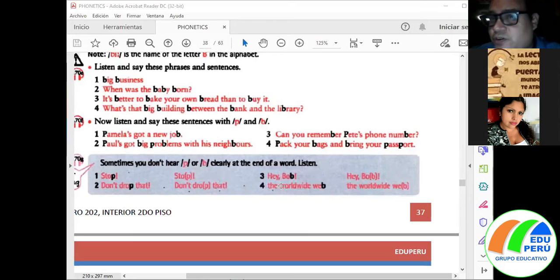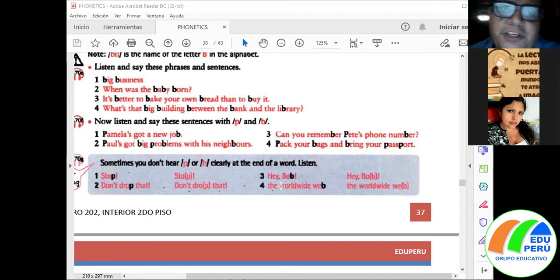We are going to reduce sounds, change sounds, and link sounds when we speak fluently, in a connected way. That's why some people say that this is a process related to connected speech. All right, this is called connected speech.